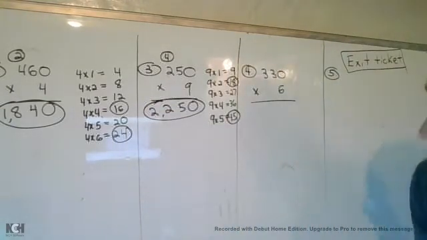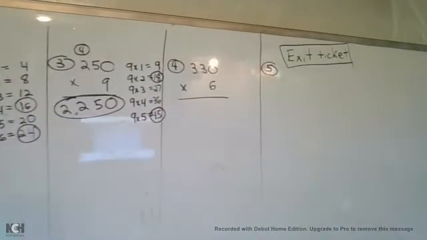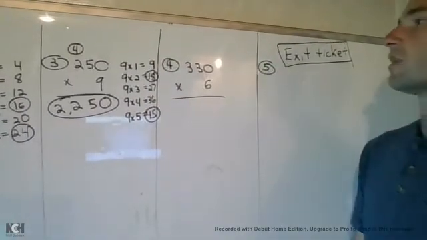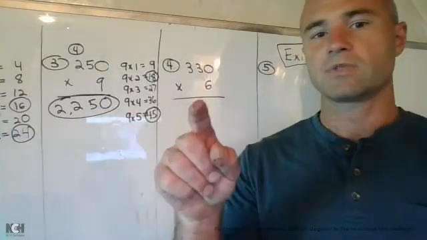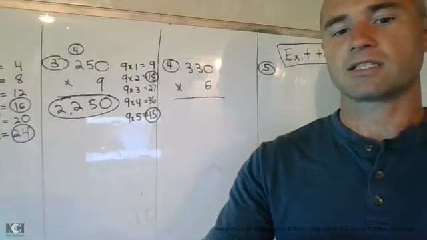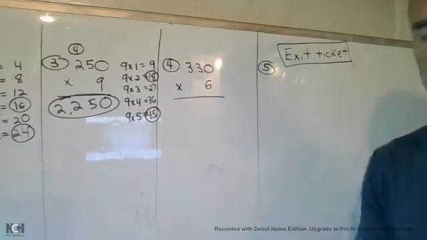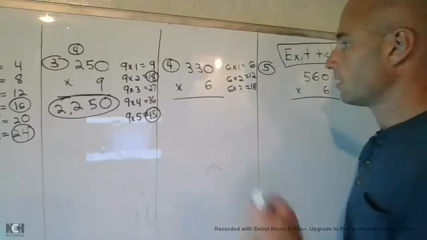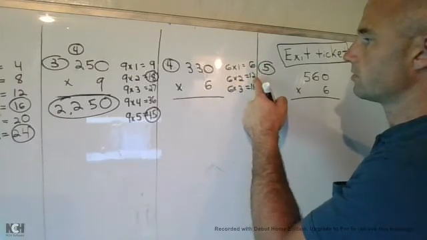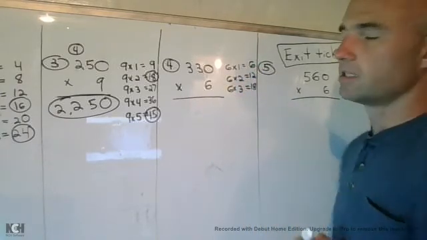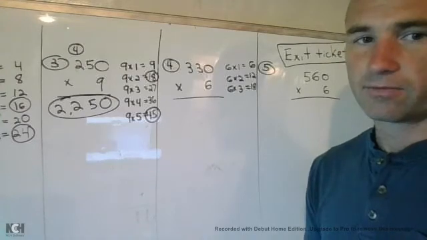All right. Last but not least, before the exit ticket, 330 times 6. Go ahead, do your 6 times tables, hit the pause button, and solve now. All right, so we have 6 times 1, which gives you 6. 6 times 2 gives you 12, and 6 times 3 equals 18. And that's as high as I have to go.